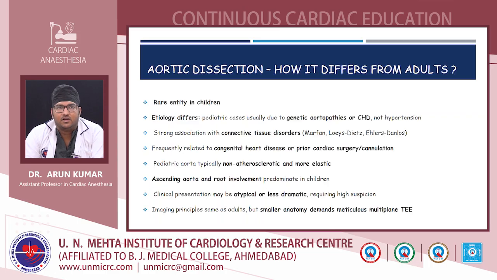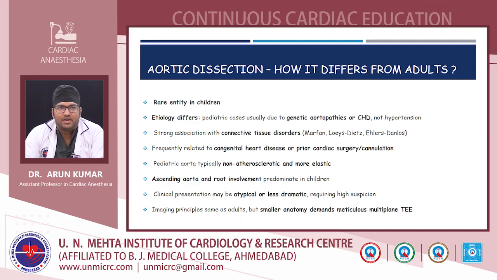So the next topic is aortic dissection. It's a rare entity in children. Etiology differs from adults. Usually in pediatric patients, it is due to genetic aortopathies or congenital heart disease and not hypertension.